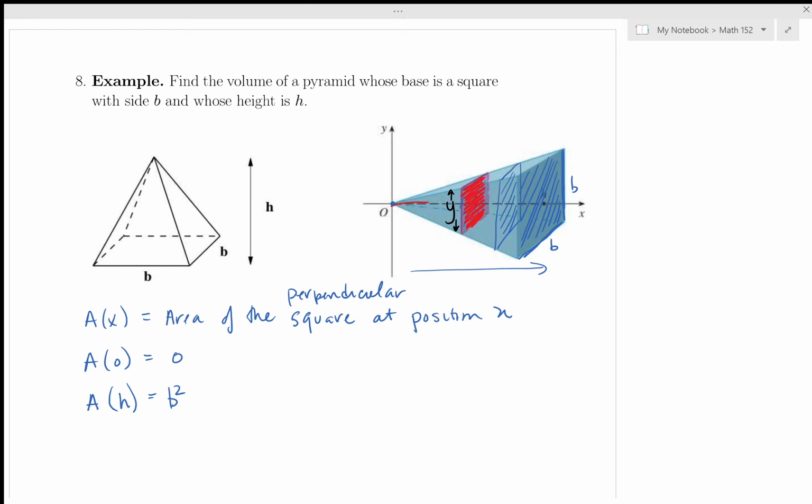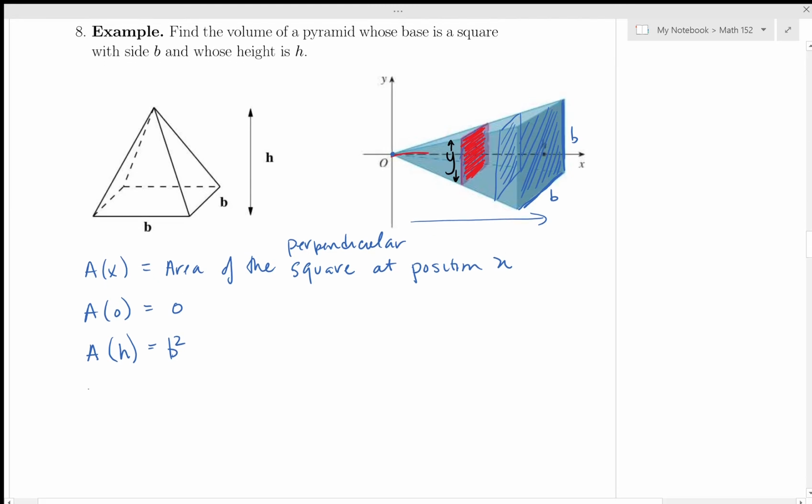Okay, so I know that A of x is y squared once I've labeled that side y. Now I need to understand how to calculate y as a function of x. Okay, so this is a geometry problem.